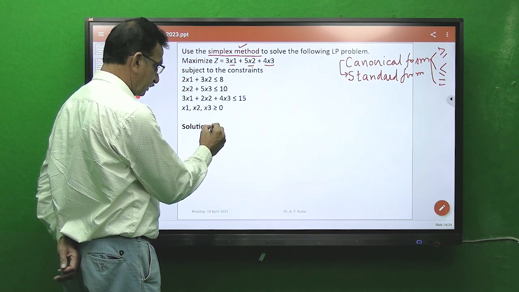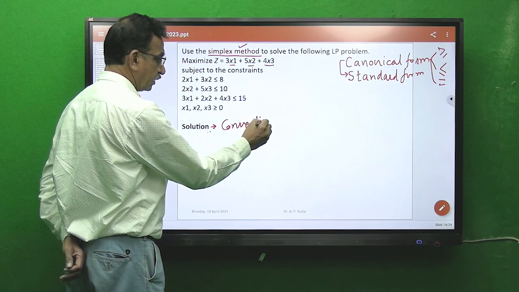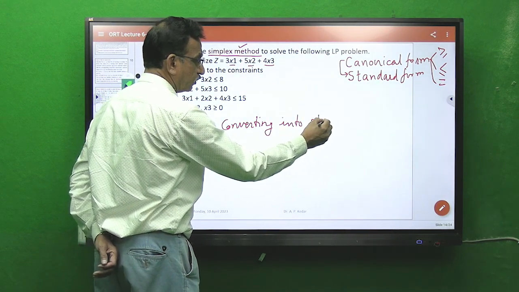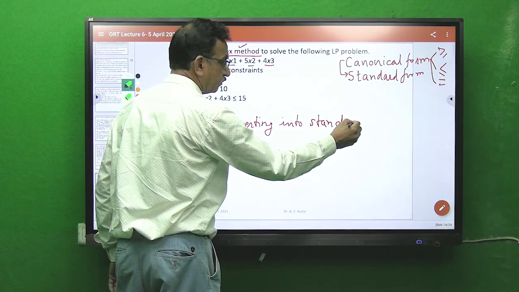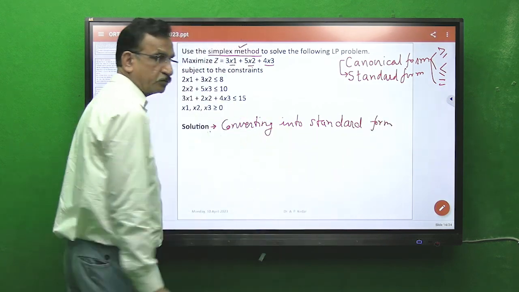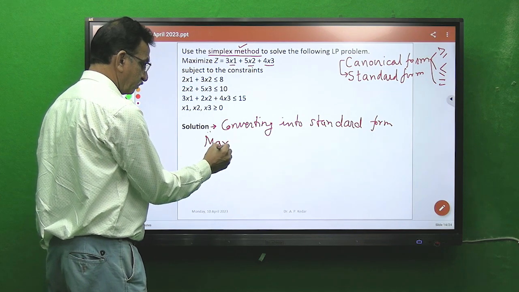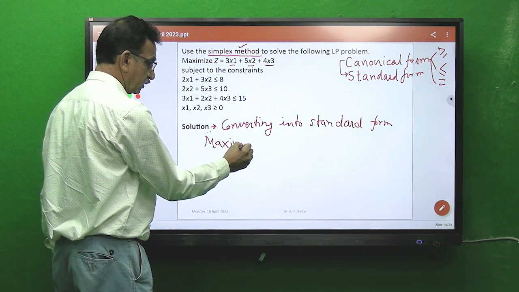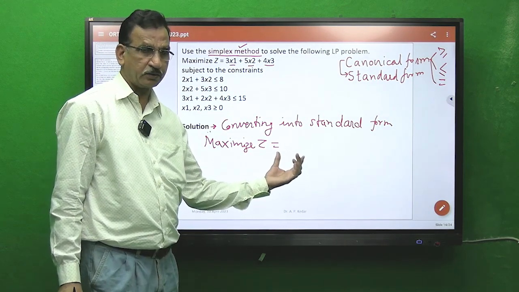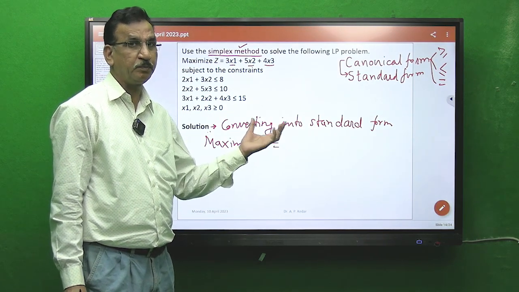So here I will write what I am doing, converting the given canonical form into standard form. This is first requirement. In that we know that objective function is maximize z. Now I am not writing this at first point. I will make it clear why I am not writing this in the beginning.